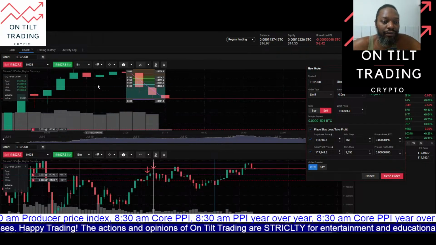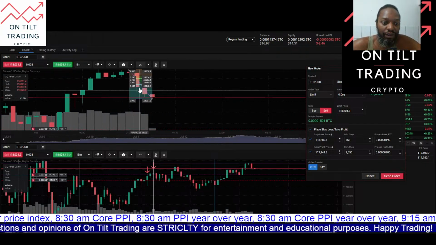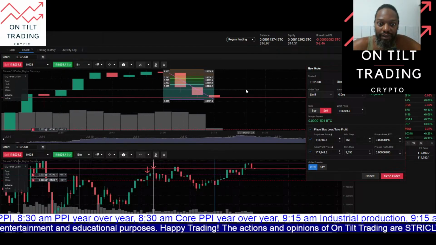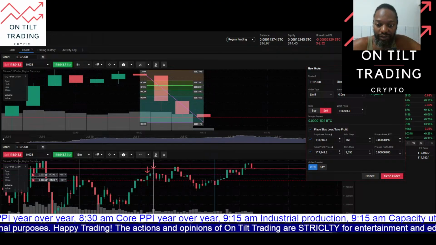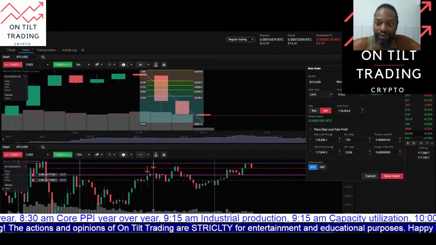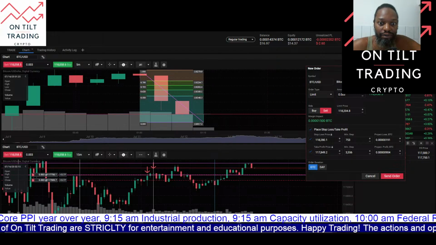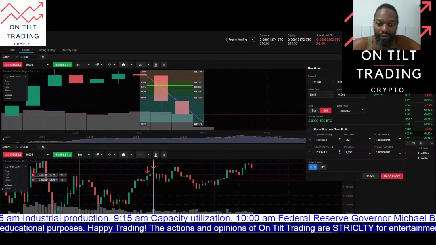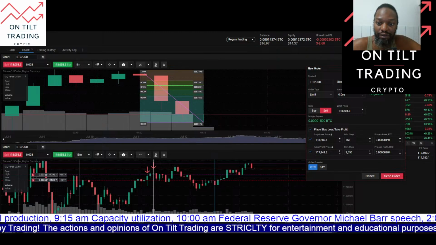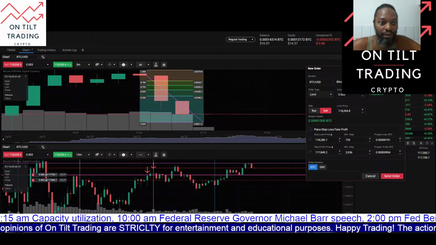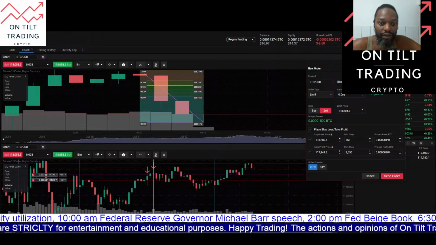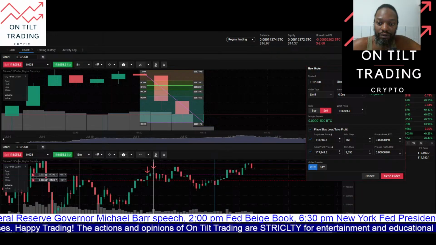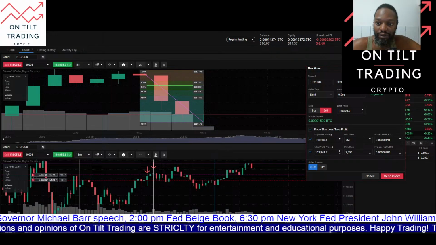So right now, there's a market structure shift here on the 5-minute chart. My apologies for the silence, trying to concentrate here and put my numbers in accurately, and now the numbers changed on me. 118,279.9 minus 118,172, and they could change again here.